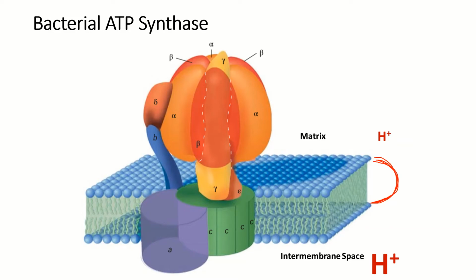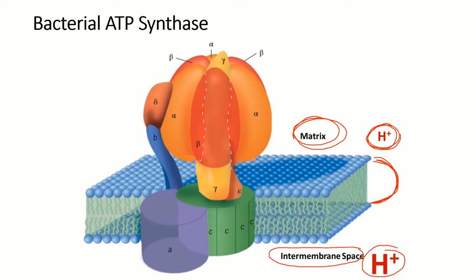And on this side, we have the matrix side of the mitochondrion, where the hydrogen ion concentration has become really low compared to the hydrogen ion concentration of the intermembrane space. Take note, this is a result of the work of the electron transport chain in our previous video.